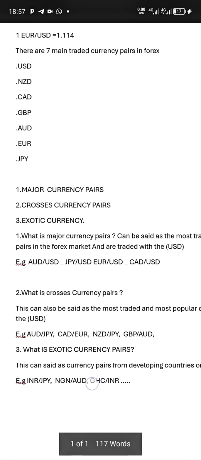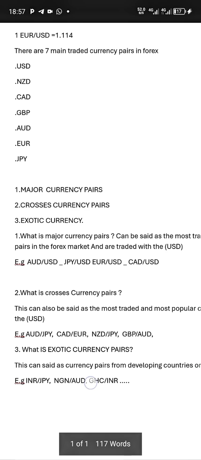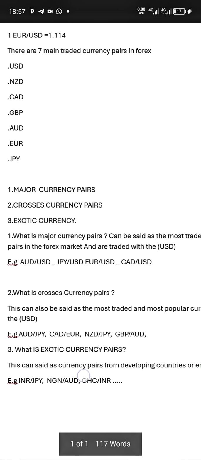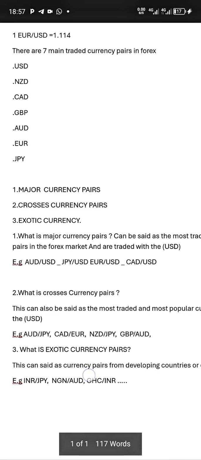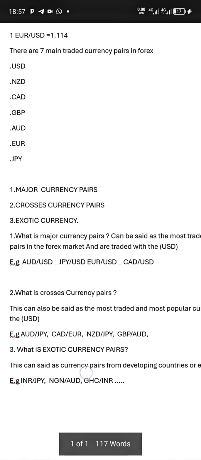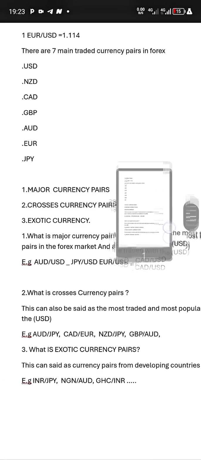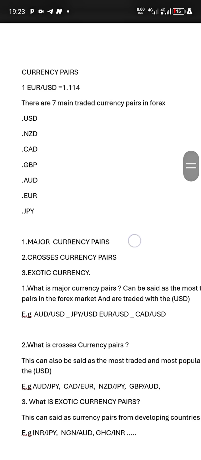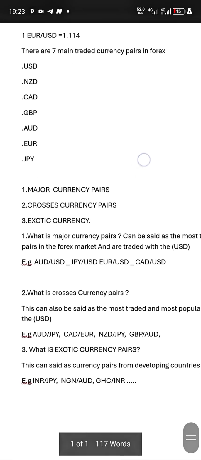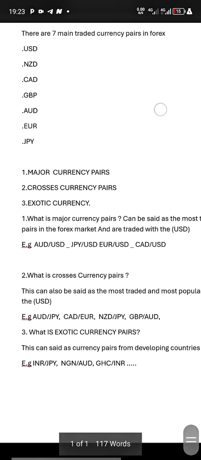Still don't trade them. As a trader, don't even dare to trade those currency pairs if you want to be on the safe side in the forex market. So know the types of currency: the major, the crosses, and the exotic.